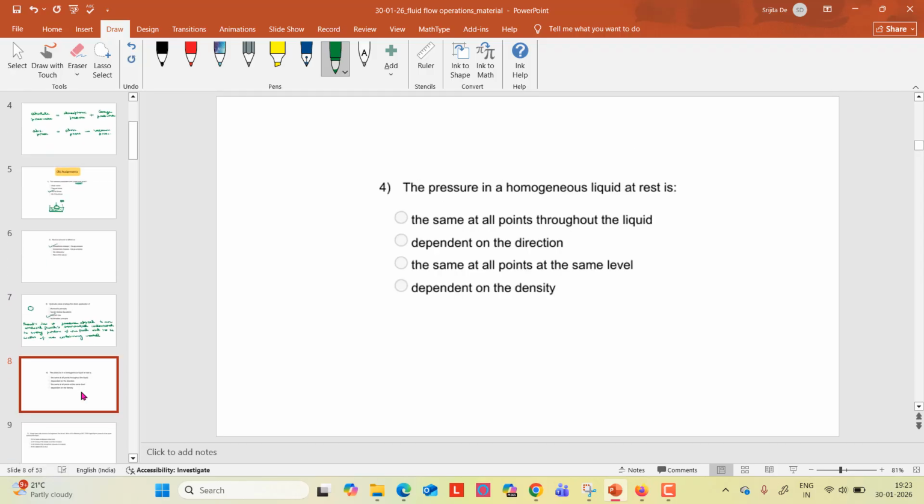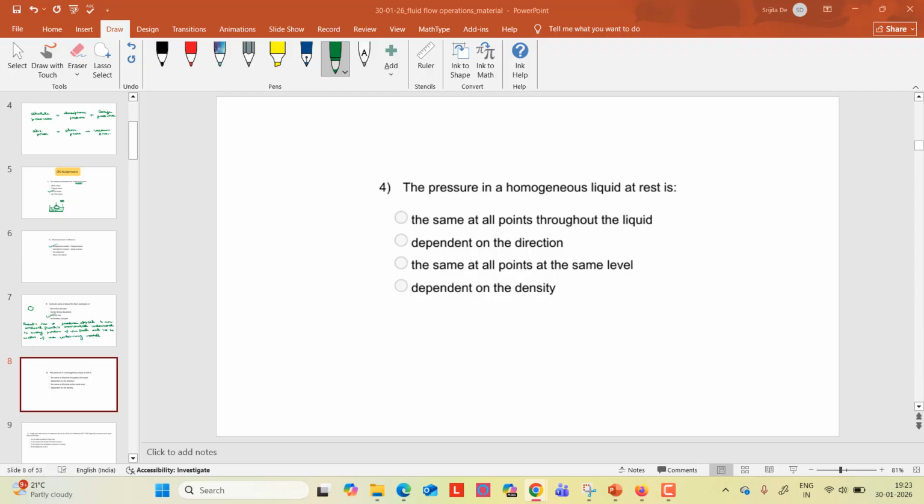Question number 4. The pressure in a homogeneous liquid at rest is the same at all points throughout the liquid, dependent on the direction, the same at all points at the same level, dependent on the density. So, in a homogeneous fluid at rest, that means the fluid is not moving, and if there is a block, that is also not moving. And it is a homogeneous liquid. That means it contains the same molecule.